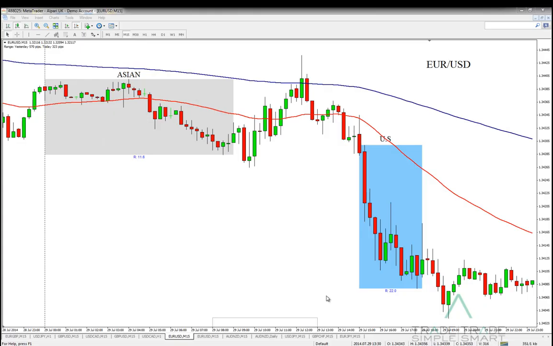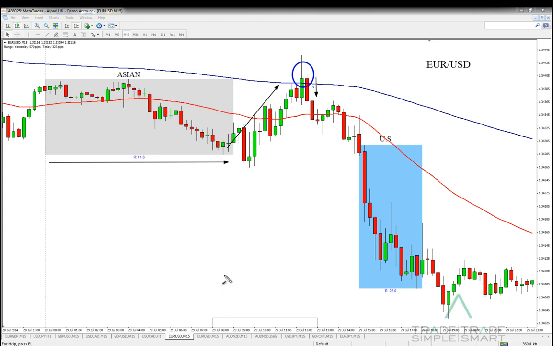In this first example, we're looking at the euro dollar, and I've plotted both the 50 and the 200 moving average. So the blue line represents the 200 moving average and the red line represents the 50. During this session, after the Asian session accumulation period and the move against the intended direction, we can clearly see that price was run through the 200 moving average and then quickly rejected.